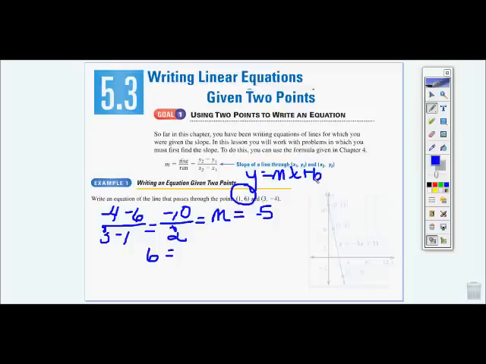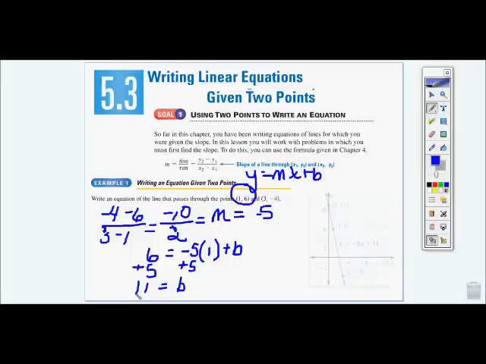So 6 equals my m, which is -5, my x for this point is 1, plus b. So now I can simplify. -5 times 1 is -5, so I'm going to add 5 to both sides. And I come up with b equals 11.